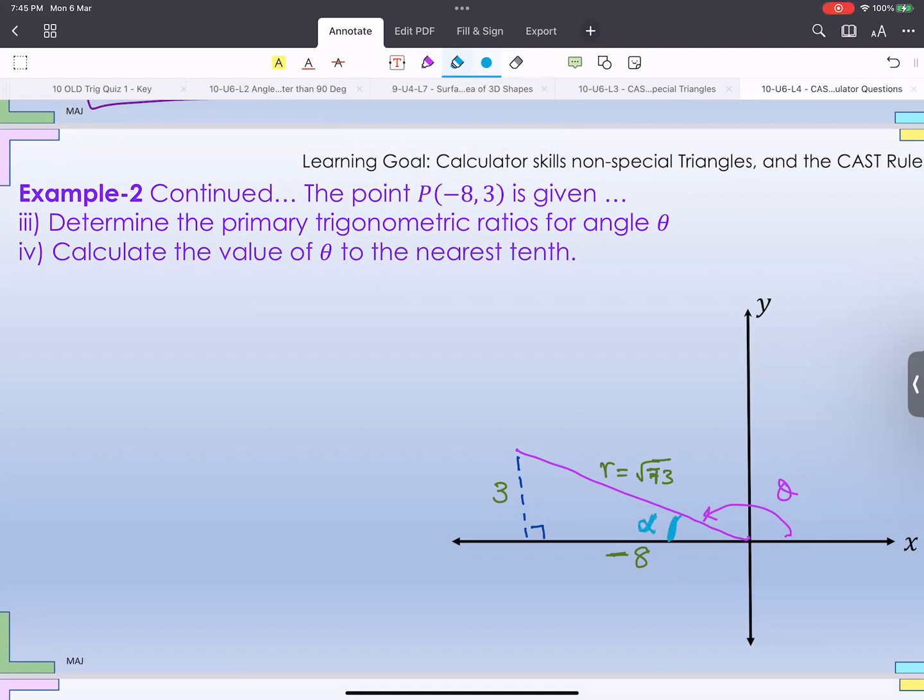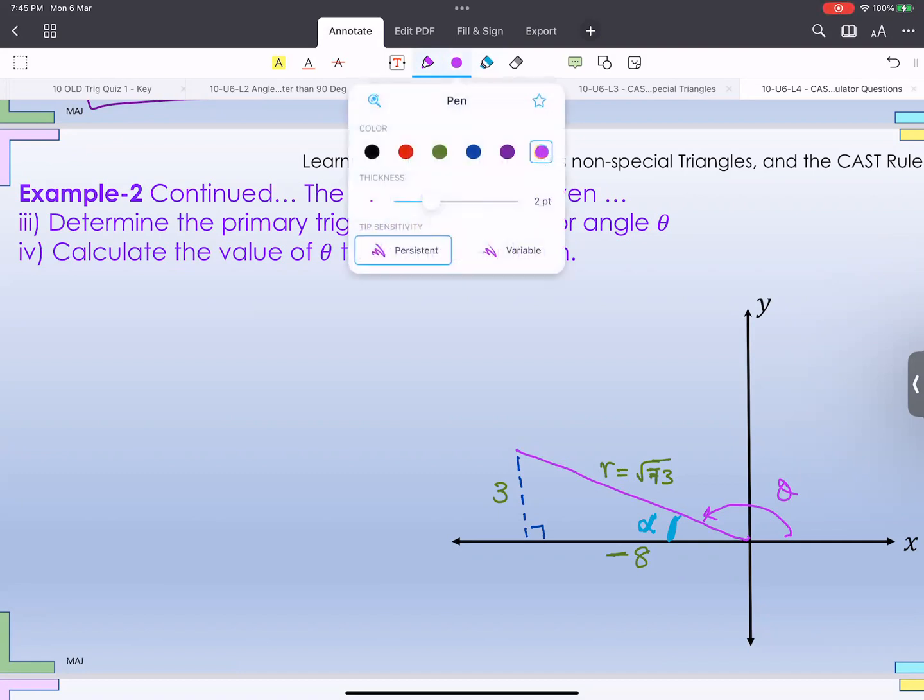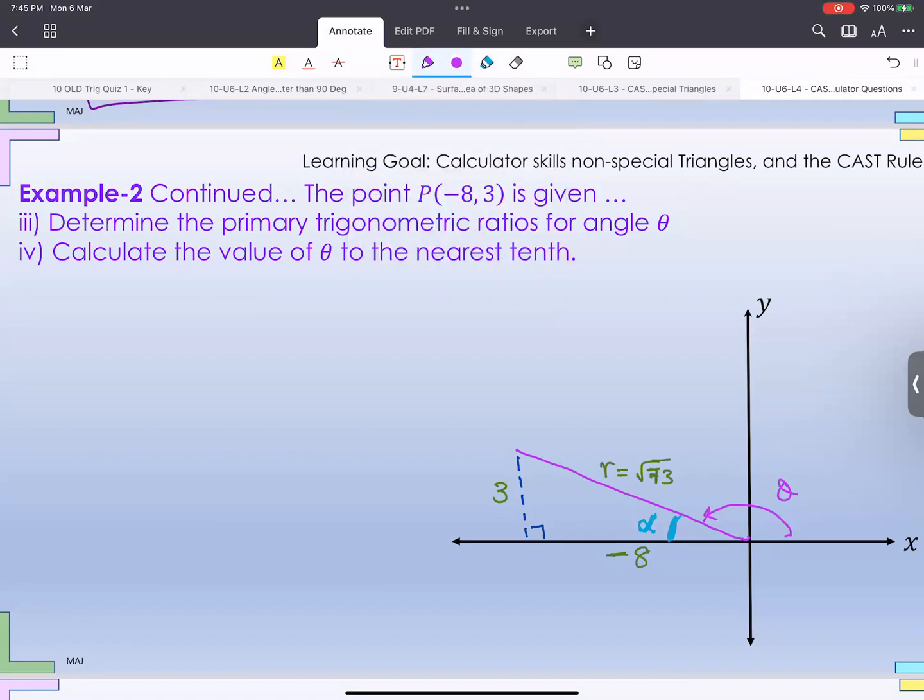To find the primary trigonometric ratios, we fall back on part 1 of the lesson, which is sine theta is the same as sine alpha, except now you have to introduce the positive and negative signs. So that is going to be 3 over root 73.